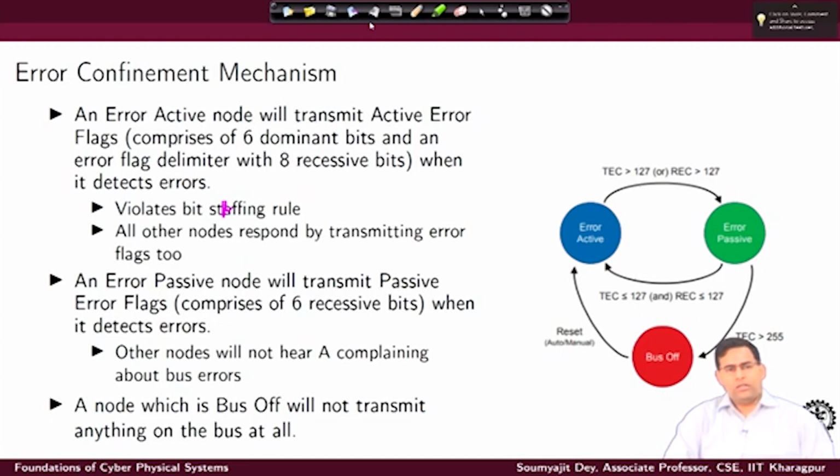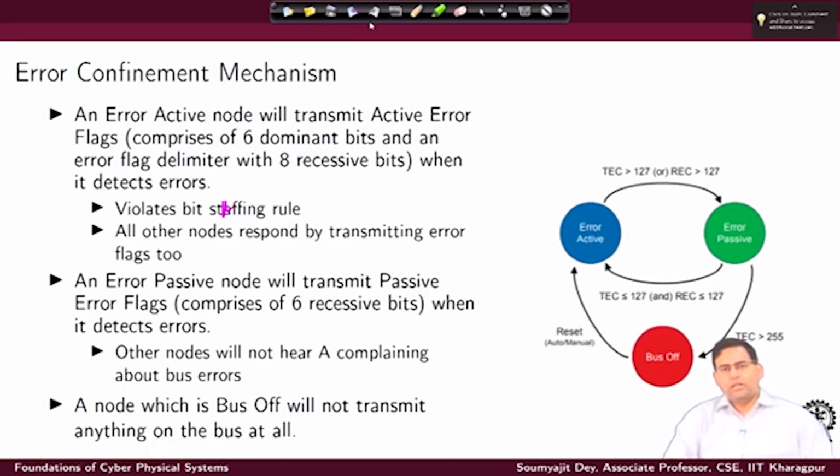So in this case, the other nodes will not hear this node complaining about the bus error. If I am in the active mode, the other nodes respond back by transmitting error flags. If I am in the passive mode, the other nodes will not hear me complaining about the bus errors.